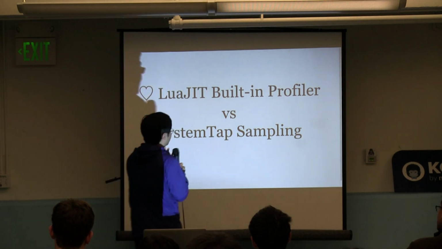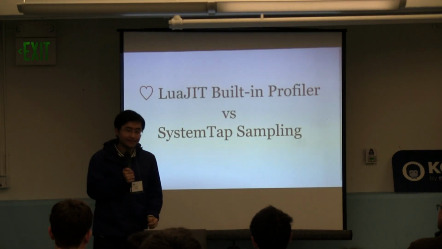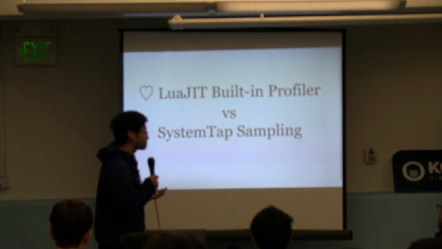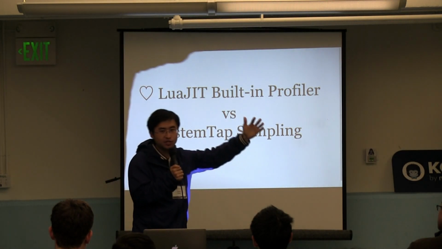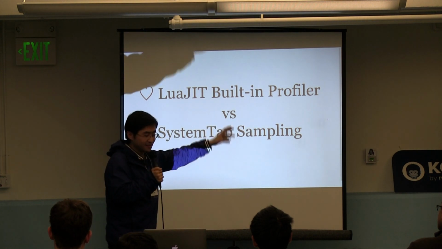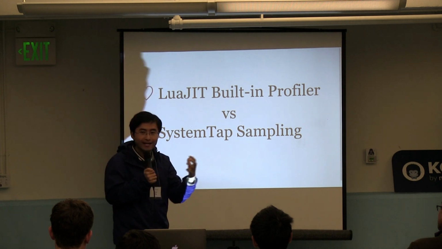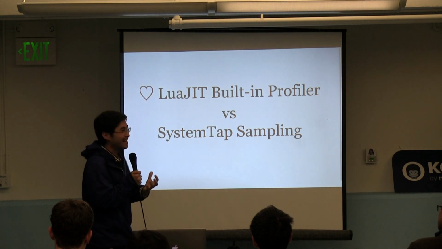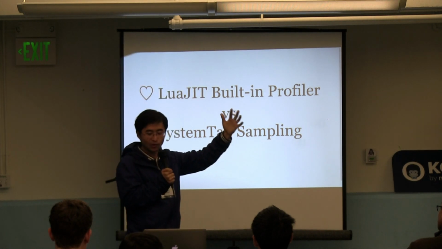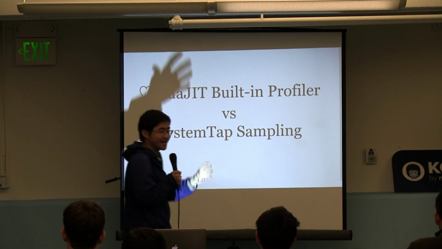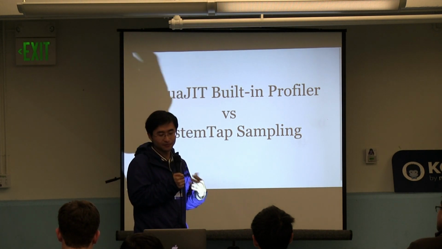Because the LuaJIT built-in profiler has to work in the application itself, so its capability is quite limited and has to make a lot of trade-offs, like flushing out all the compiled traces, and from there generating special profiling-aware traces. And after the profiling is over, it flushes out all the profiling-aware traces again, and from then on generates ordinary traces.